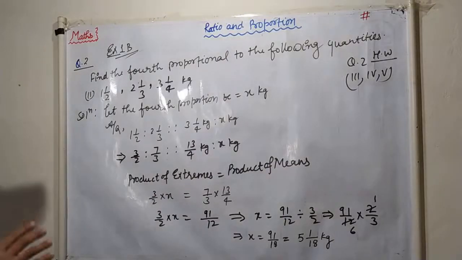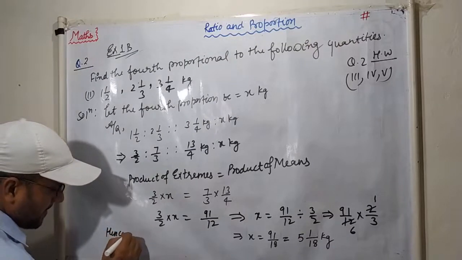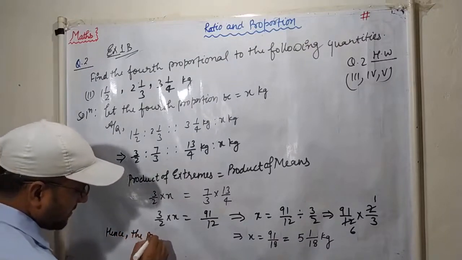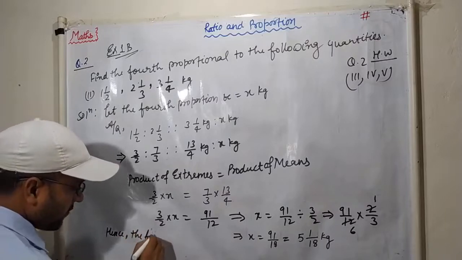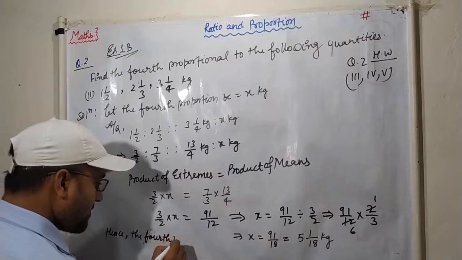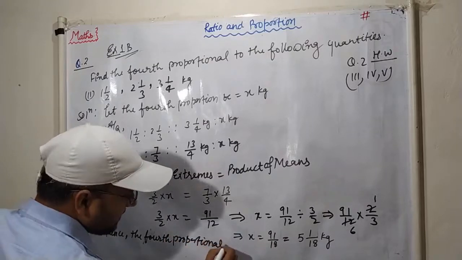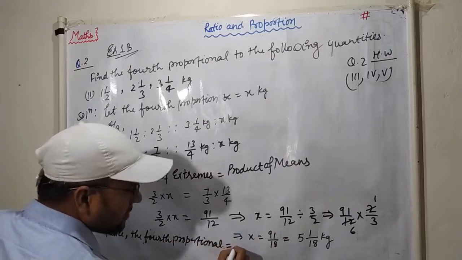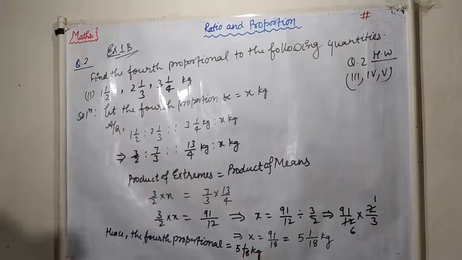That is the value of the fourth term. Hence, you will write the answer: the fourth proportional is equal to 5 whole 1 upon 18 kg, students.